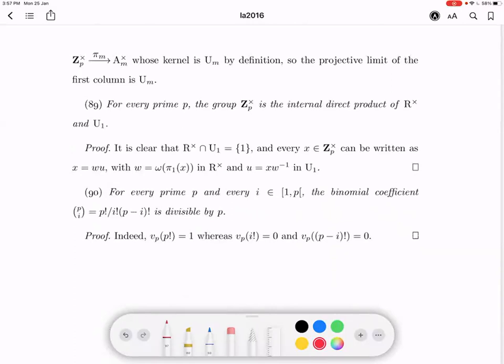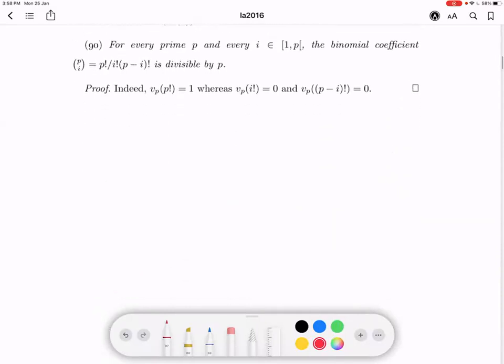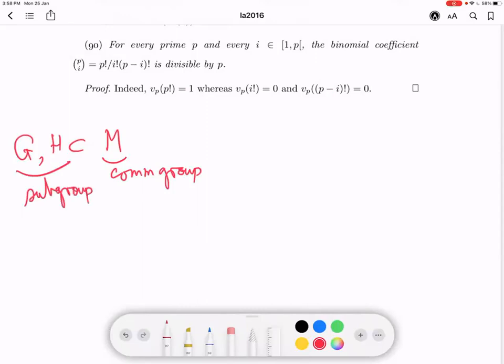Now what I want to show is that for every prime p, this Z_p star is the internal direct product of R star and U1. So what is the internal direct product? Let me just explain it for a commutative group. Suppose you have a commutative group M, and you have two subgroups G and H. Let's say it's written additively.